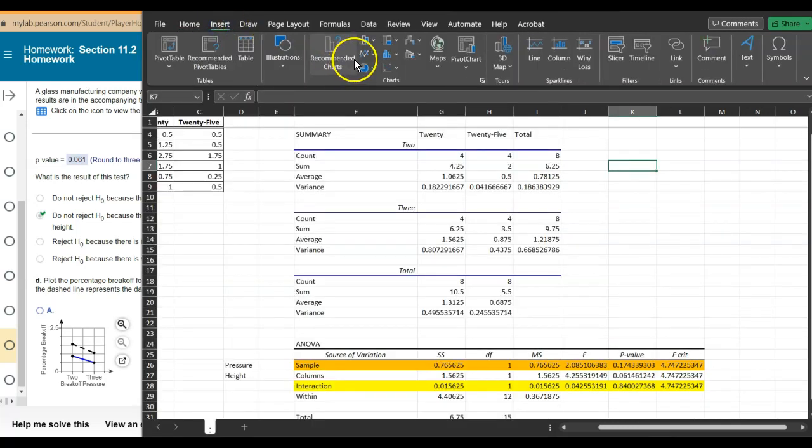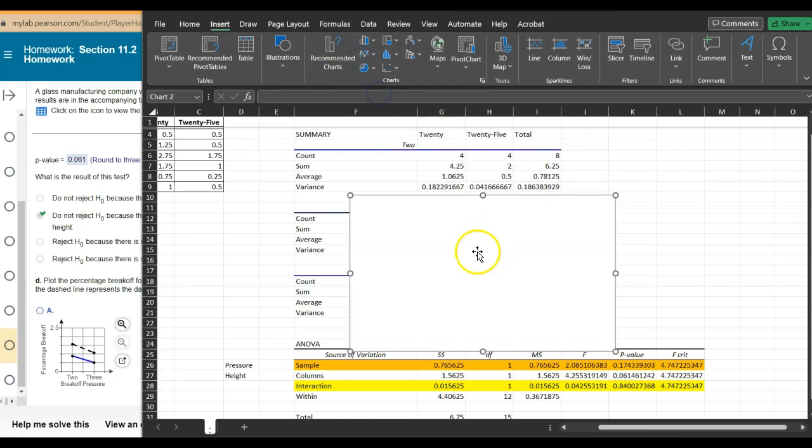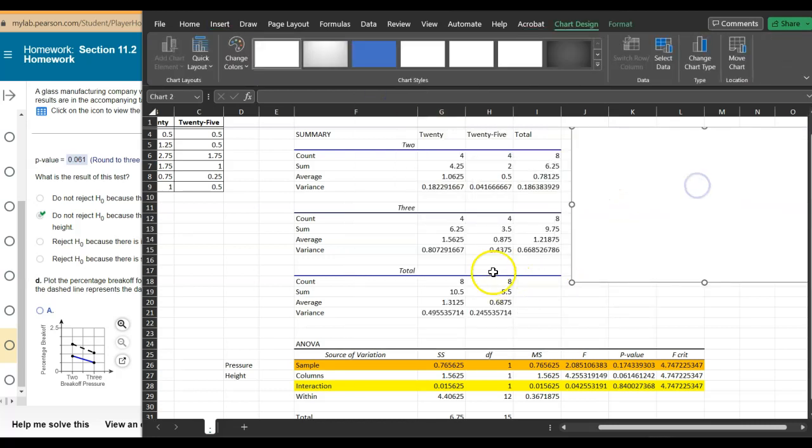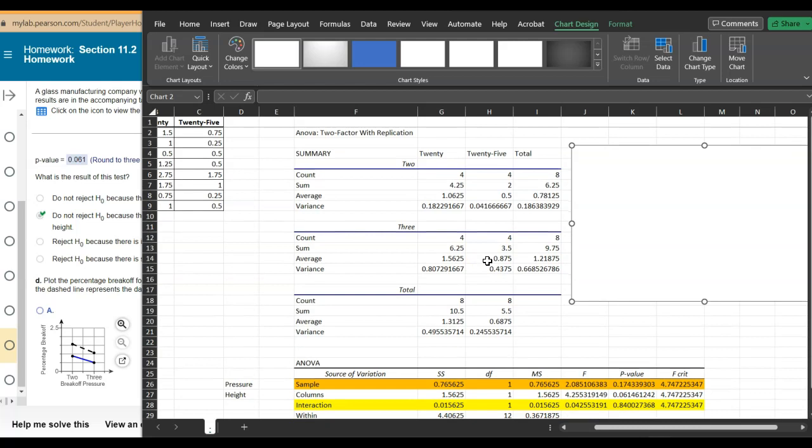So you're gonna insert an empty graph here, and start selecting your data. The 2 and the 3 should be on your X-axis, all right? What you're gonna be graphing are the 20 values.